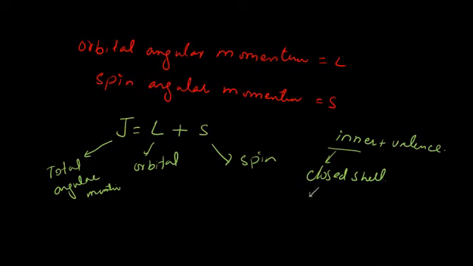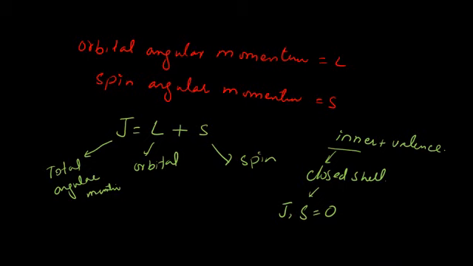Because for inner electrons, the total angular momentum J and the spin S are both equal to 0. That's why these inner shell electrons are called closed shells.